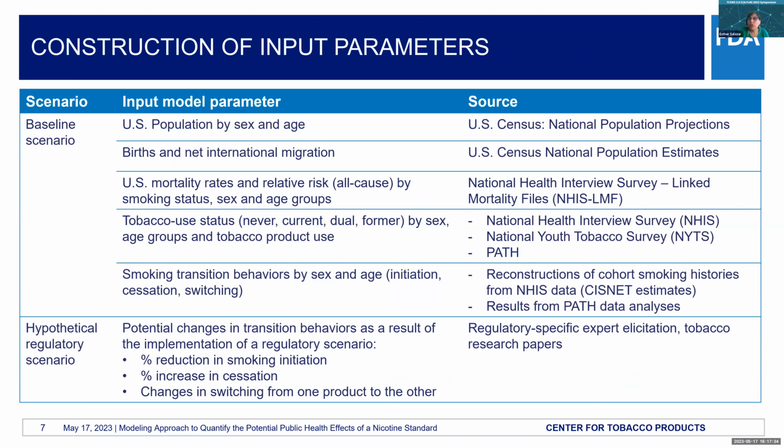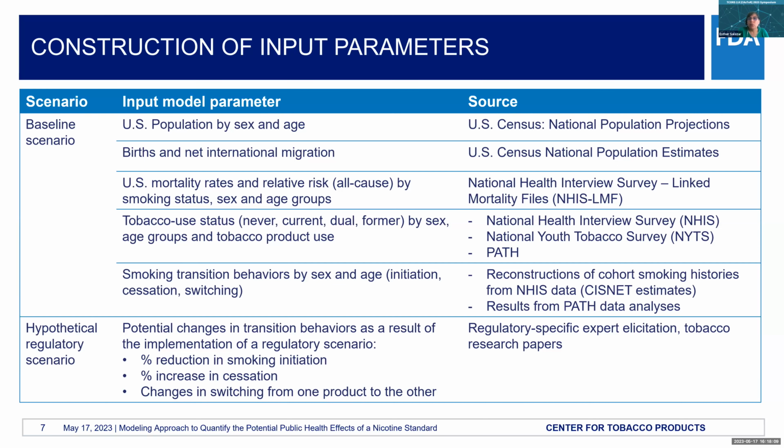In regards to construction of model input parameters, I would like to emphasize here that this is a critical piece of the analysis, and it involves getting data for both the baseline and hypothetical regulatory scenarios. For the baseline scenario, for example, and considering a baseline year to start the simulations, US population data stratified by sex and age, as well as birth and net international migration data, was obtained from US Census national population projections.